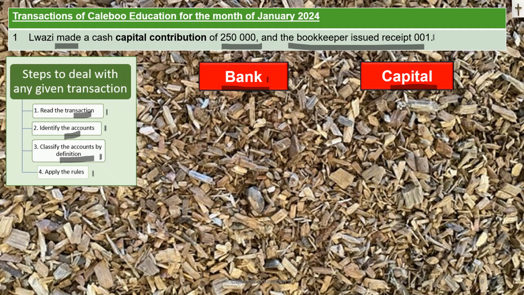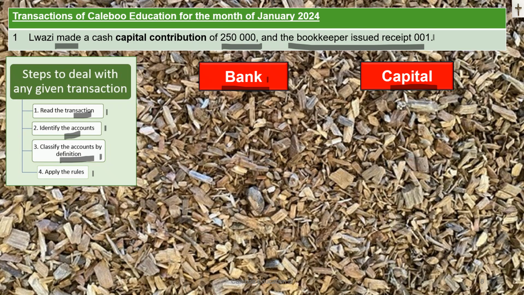The other account, whatever the owner puts in, is going to be recorded in the owner's account, capital. There are two owner's accounts, what the owner puts in and what the owner withdraws. But at the end of the day, later on in the year, all the transactions will end up in the capital account balance.